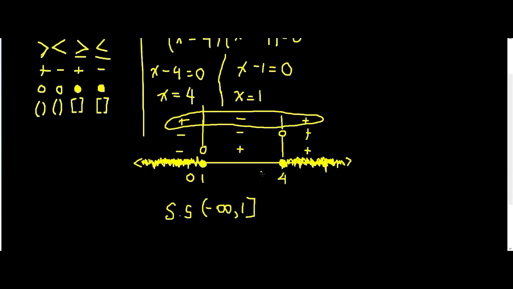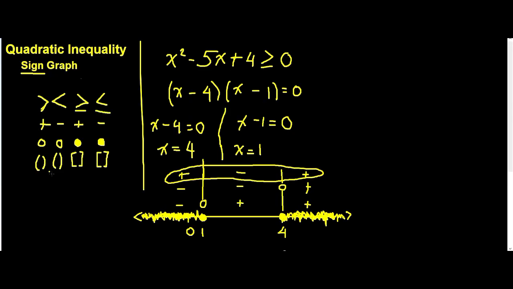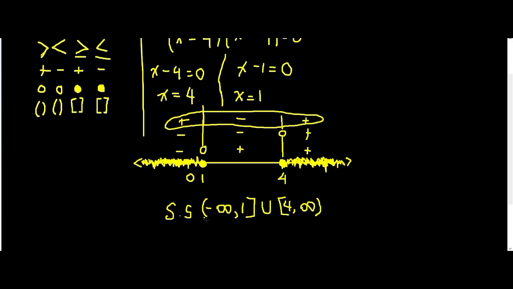Next, kasama niya, union with, kasama niya yung si 4 hanggang positive infinity. Parenthesis yan. Si 4, since closed circle siya, ang gagamitin nyo, bracket. Nakuha? Kapag open circle, saka ka gagamit ng parenthesis. Pag closed circle naman, saka ka gagamit ng bracket. That's all for your quadratic inequality.